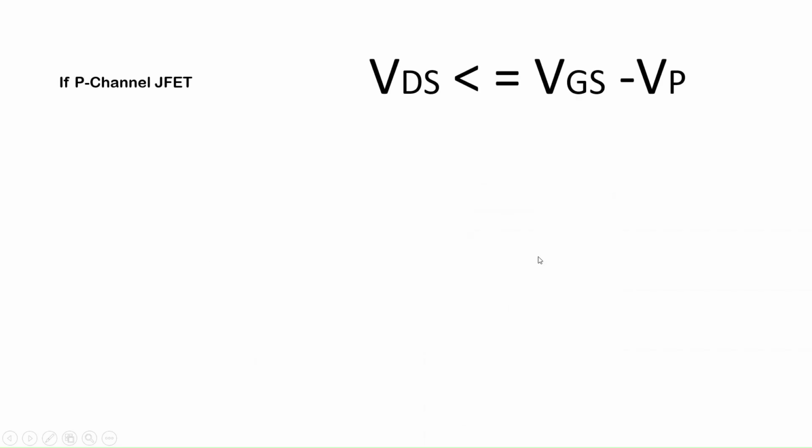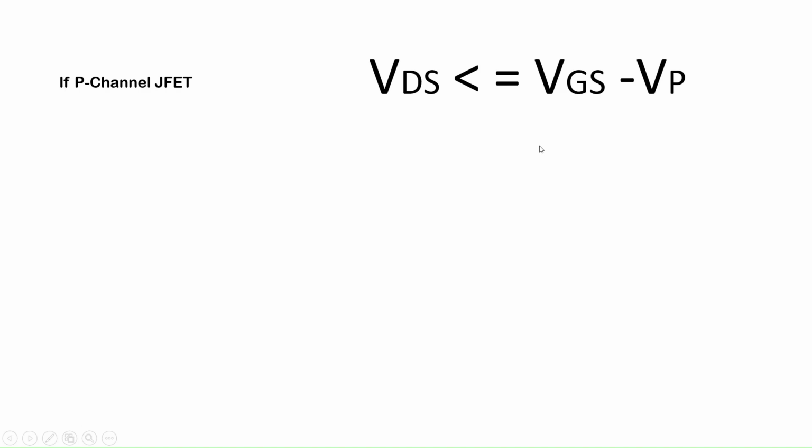That means in the P-type JFET, VDS is less than or equal to VGS minus VP. Here VGS is the gate to source voltage, VP is the pinch off voltage of the FET, and VDS is the drain to source voltage. That means a P-type JFET enters saturation when VDS is less than or equal to VGS minus VP.